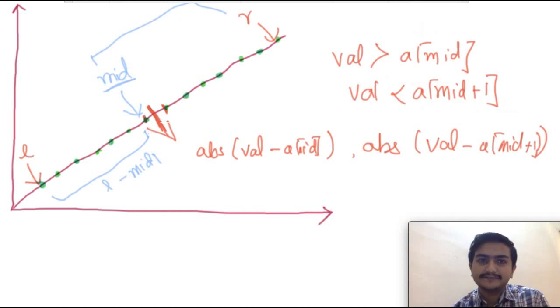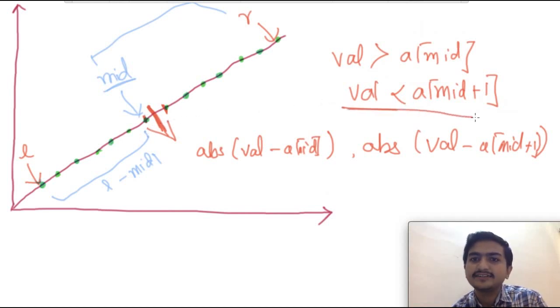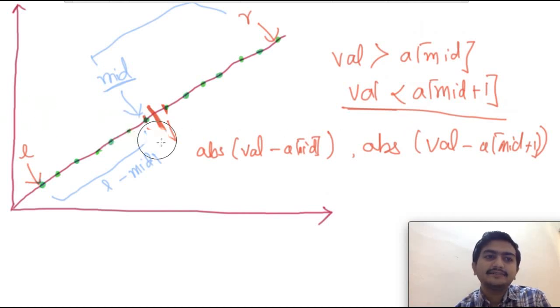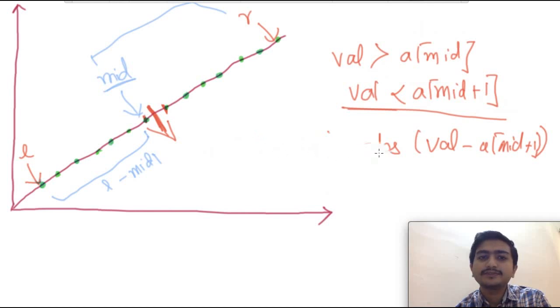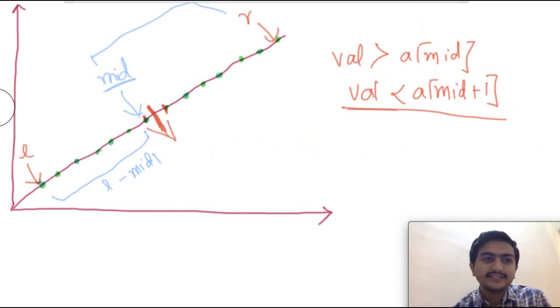Suppose this condition does not hold, and even a of mid plus 1 is smaller than val. Then obviously the point does not lie in between those 2 points. So basically what we have to do is get it somewhere to the closest. What is the closest we can get?